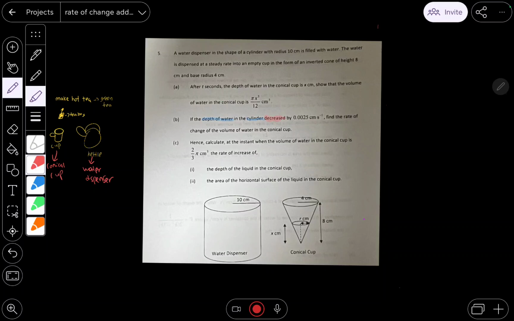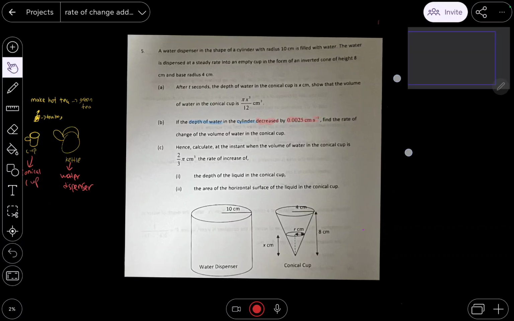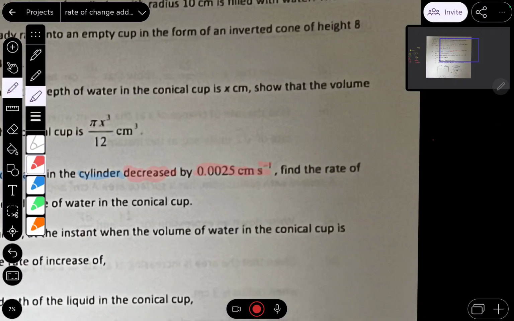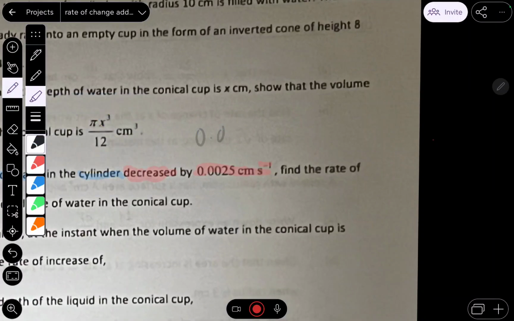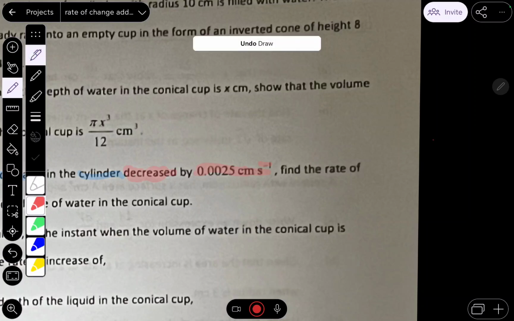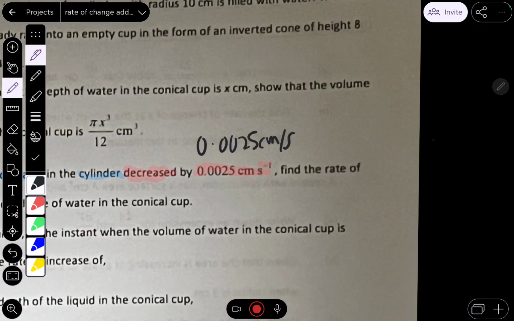By 0.0025 cm per second. Okay, this one, cm s^-1. I want to rewrite it for you. It is 0.0025 cm per second.